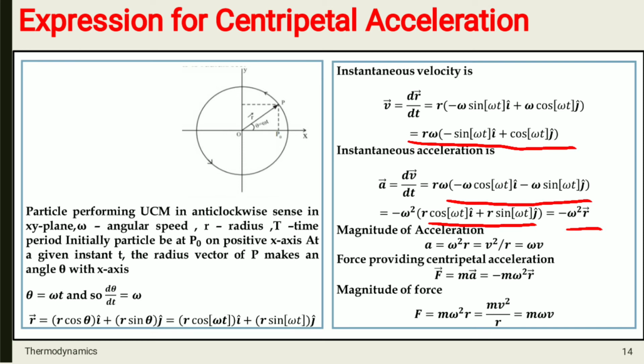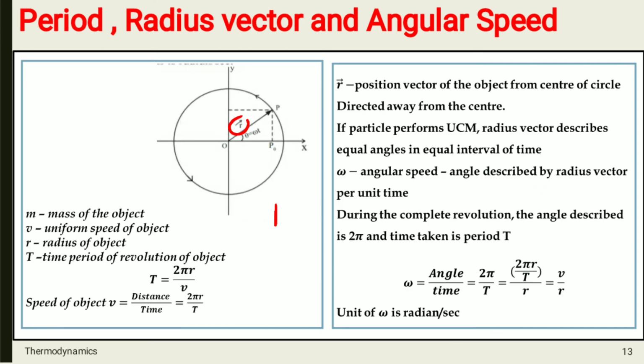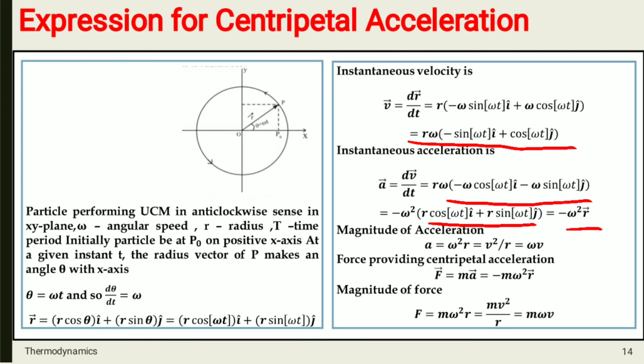Earlier you found that omega is equal to v by r. If you put this v by r here, omega square r becomes v square by r, then you will get omega v as the answer, right?